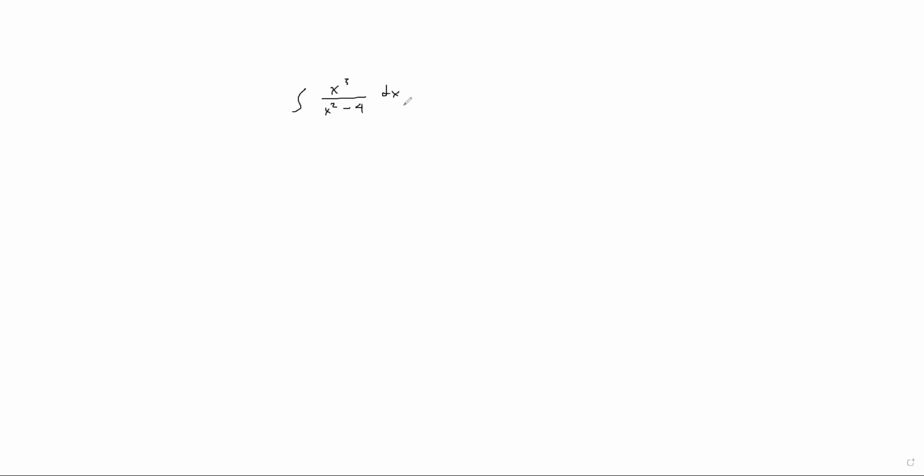Now, usually in an easier question about integration, we can just use substitution straight away. Here, if we try to substitute u equals x cubed, then we find the derivative, du over dx equals 3x squared.